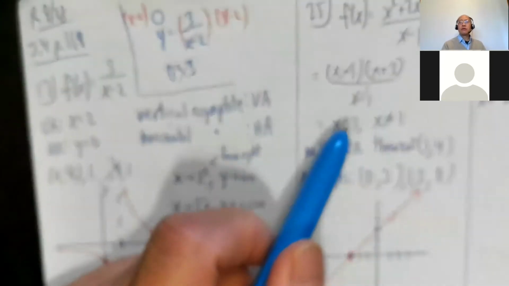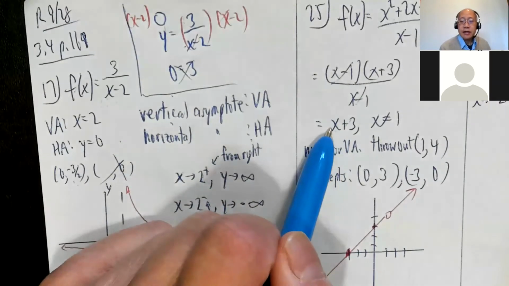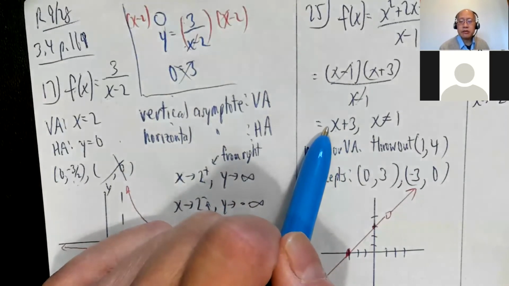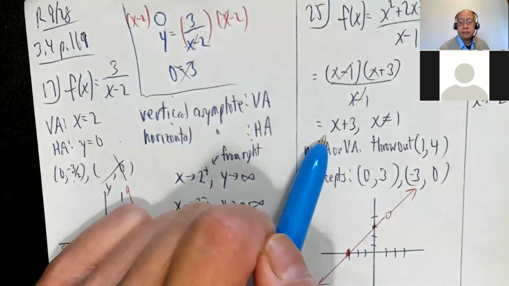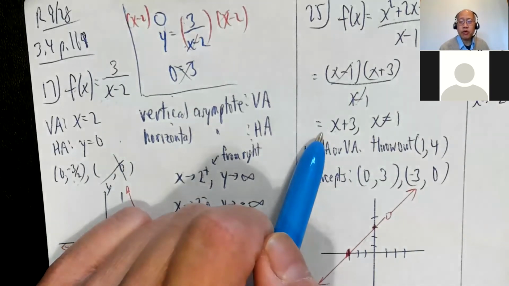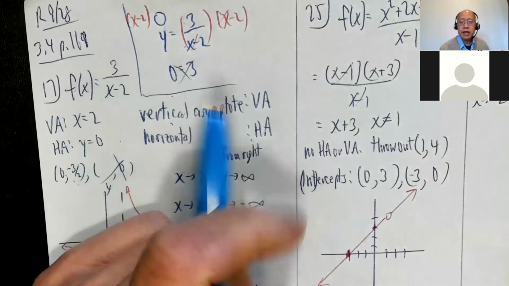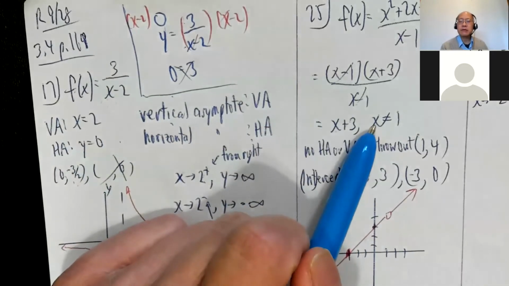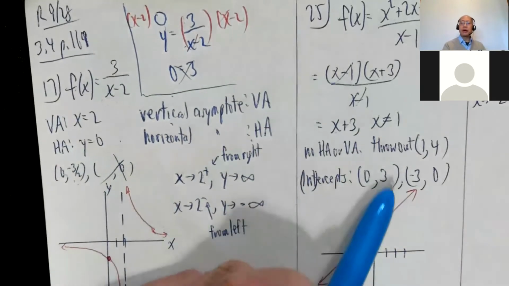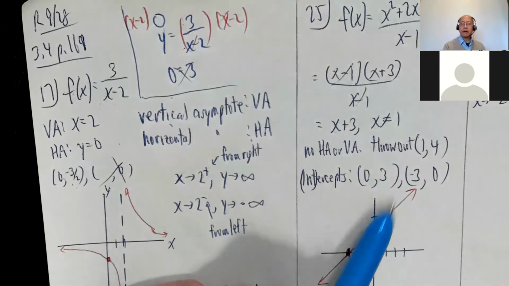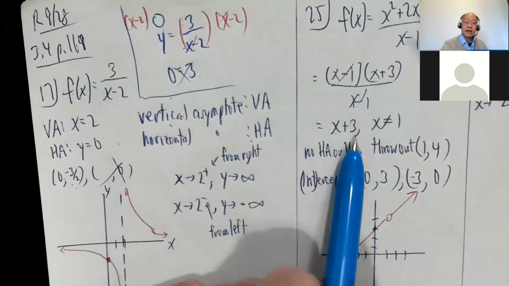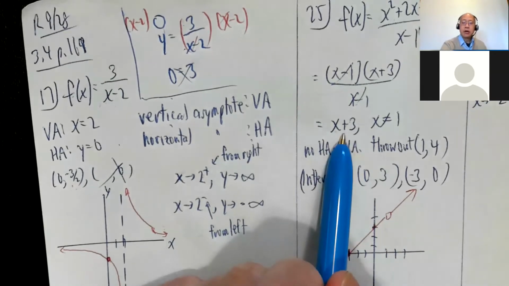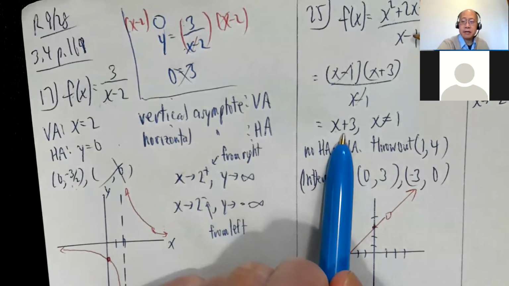All right, so what we're really trying to say is, what does y equals x plus 3 look like? Well, that's a line, mx plus b. Slope of 1, y-intercept of 3, but x is not allowed to be 1, so I punch a hole at 1, 4. So again, this and this are almost exactly the same.